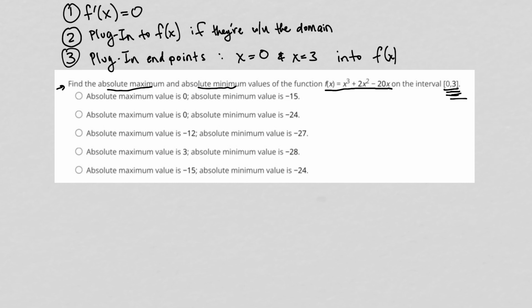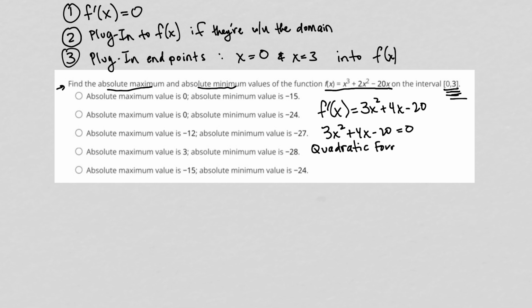Okay, so let's do the first step. f prime of x is equal to 3x squared plus 4x minus 20. If I set that equal to 0, 3x squared plus 4x minus 20 equals 0. Let's just use the quadratic formula here. It's the fastest way to get to an answer compared to factoring a trinomial.